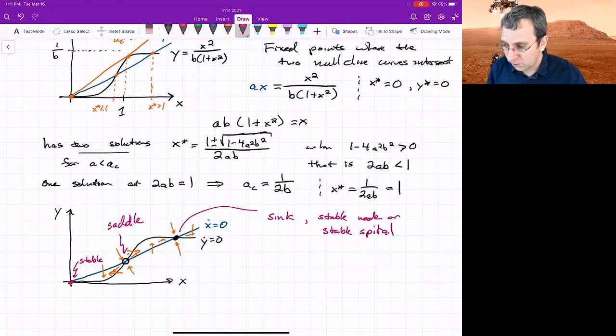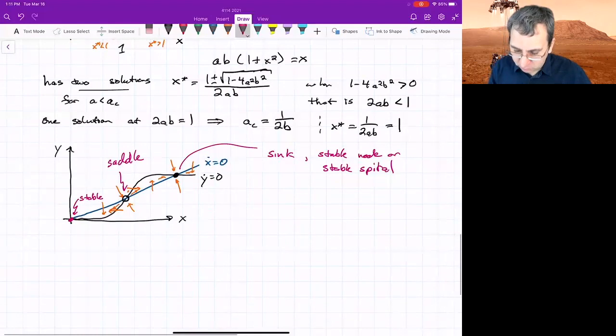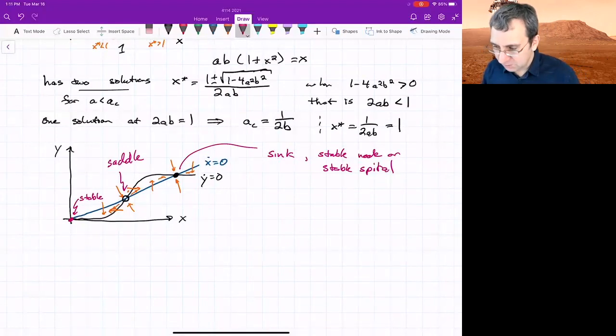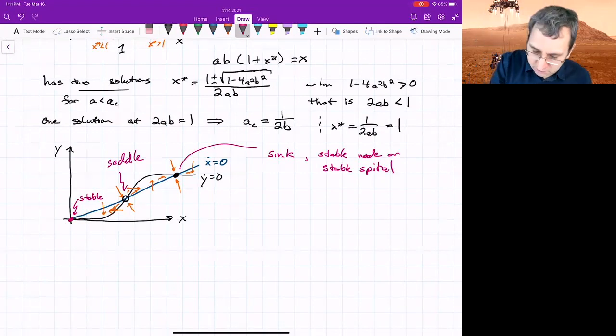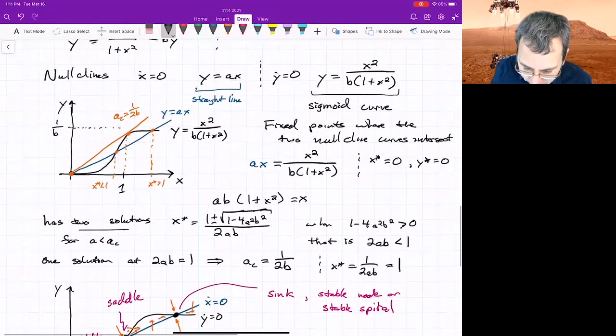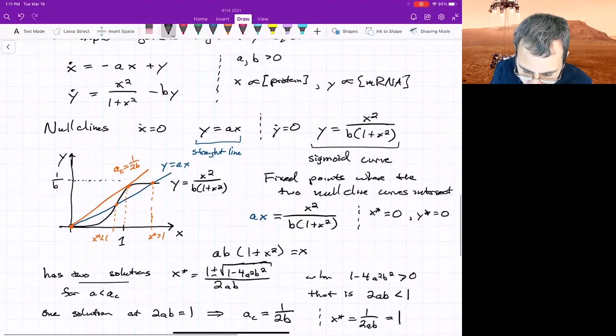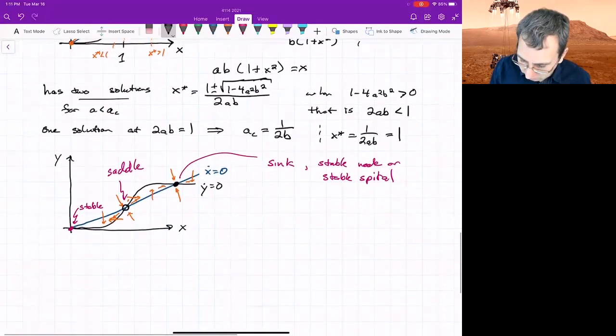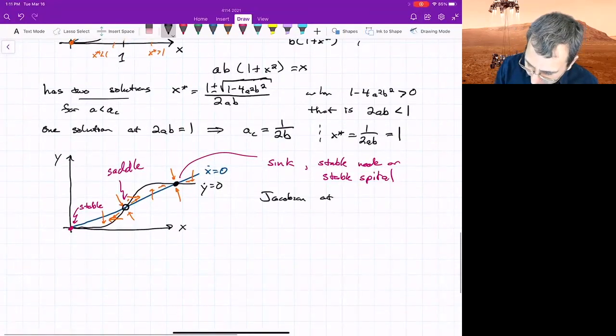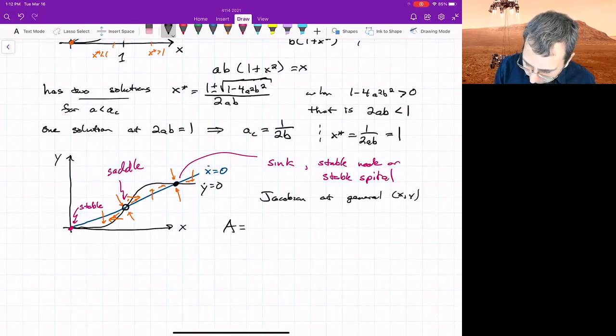So if we want to know about what exactly this sink point is, a stable node or a stable spiral, we would calculate the Jacobian. So the Jacobian of this vector field up here, that's the vector field, keep that in mind. We'll write the Jacobian. So Jacobian at a general x and y is going to be, what?